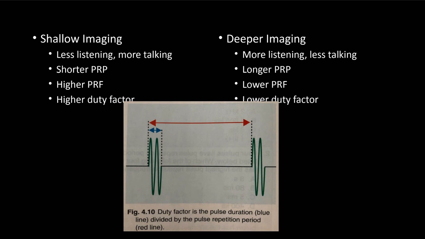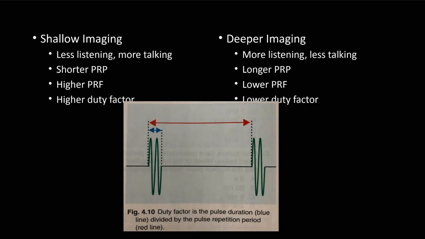The amount of time that it takes when we're including that greater listening time is going to be higher. So therefore, we're going to have a lower PRF. We can't send in as many pulses as we want to because we're listening and we're waiting for those reflections to come back. And therefore, we're going to have a lower duty factor. The amount of time that the system is going to be transmitting a pulse is going to be less than if it were with shallow imaging.